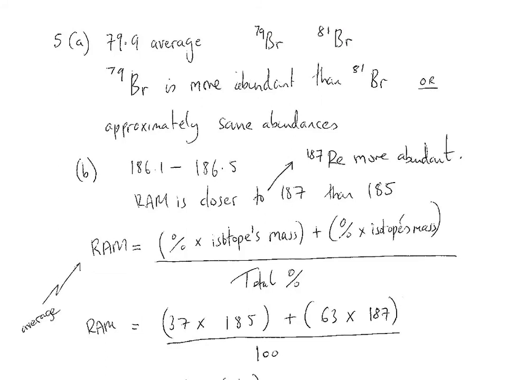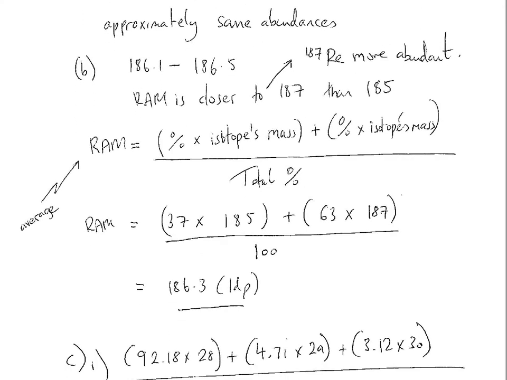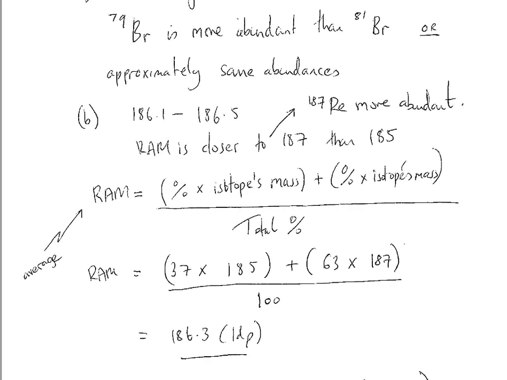Now, if you struggle to work that out, you can do a calculation like this: the percentage times the isotope mass for each isotope and then divide by 100. That gives you 186.3. However, the way to go about this by estimation is that you've got 37% of the 185 and 63% of the 187, so the relative atomic mass is going to be closer to the 187.